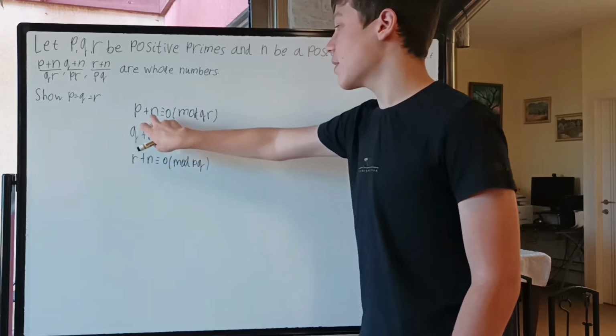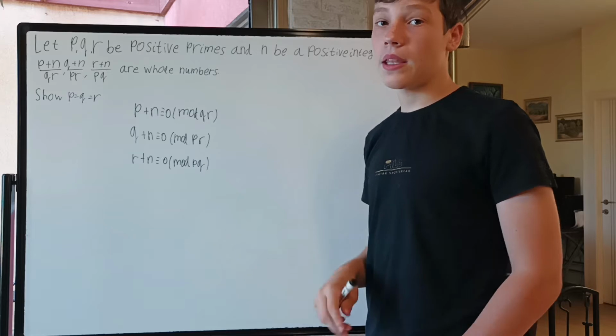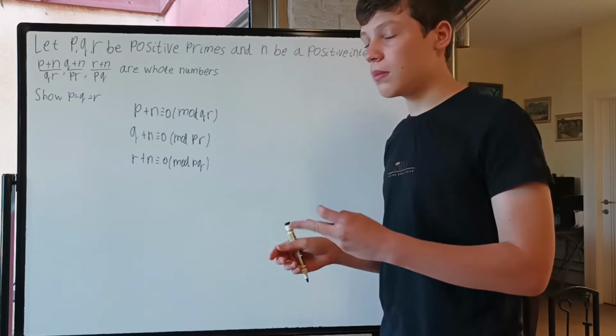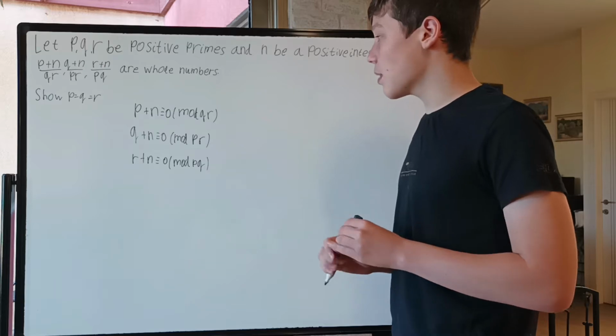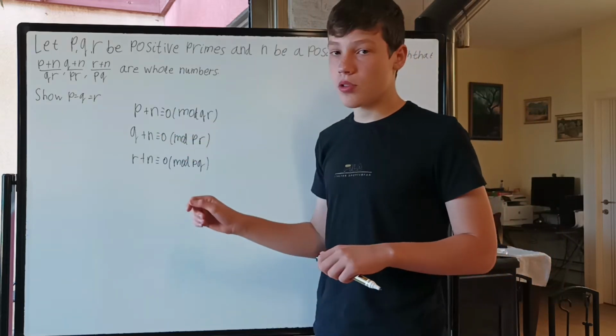Now we can multiply this and this by the same number, and this congruency of 0 will still be true.